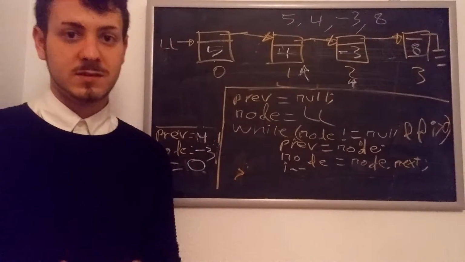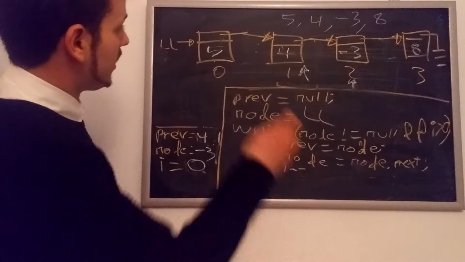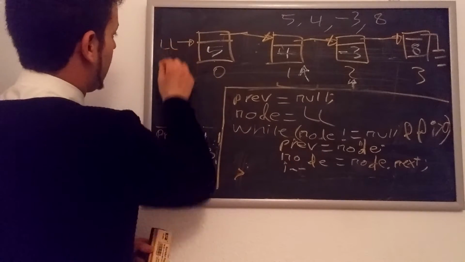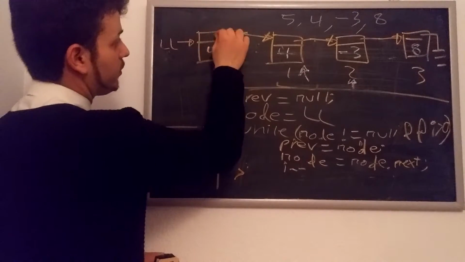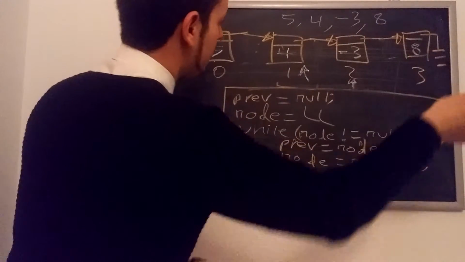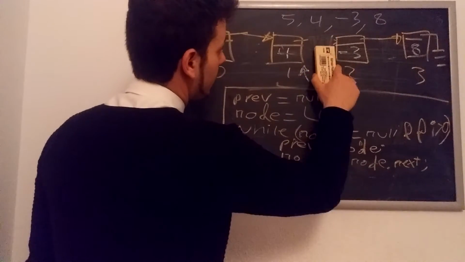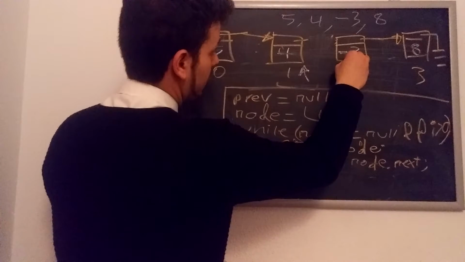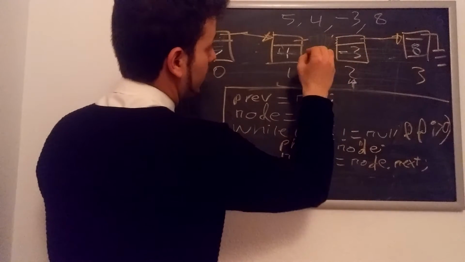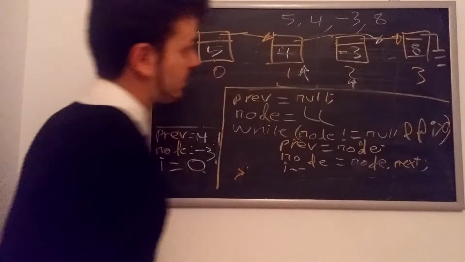Well, the idea is simple. Because linked lists work by starting from the very first and using the pointers to find the next element, we're going to modify this pointer over here so that instead of pointing to the element that we want to delete, we make it point to the element right next to it.